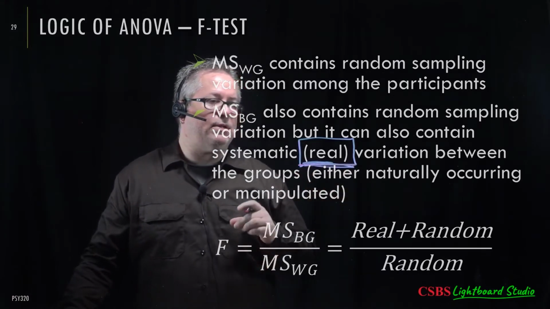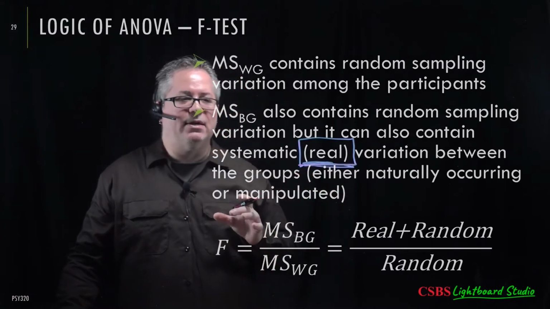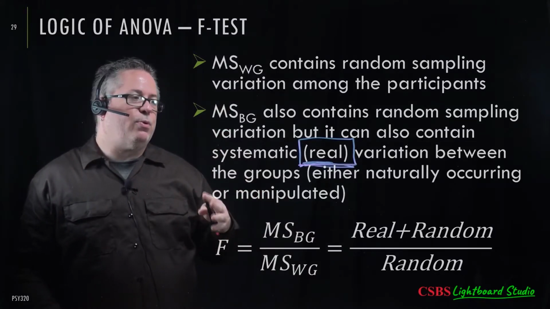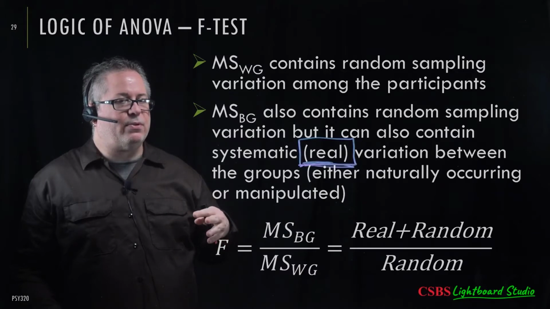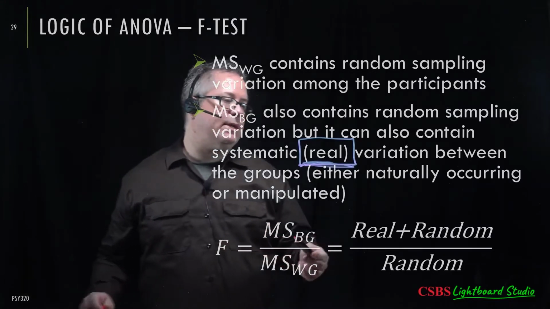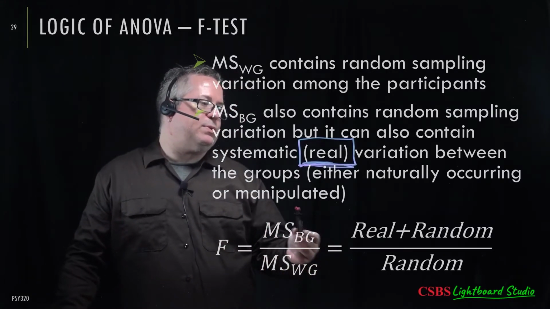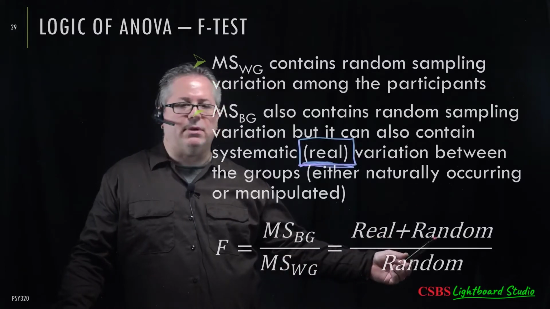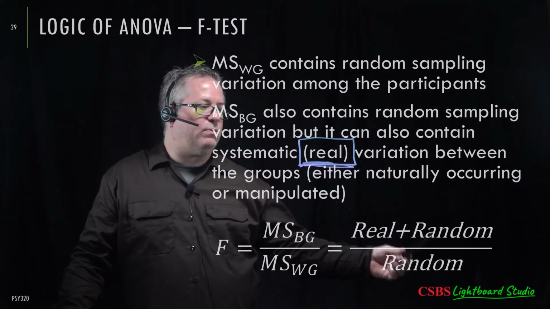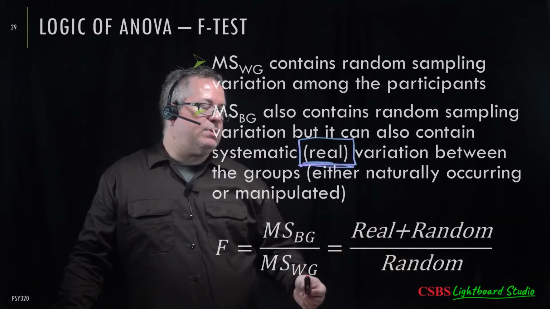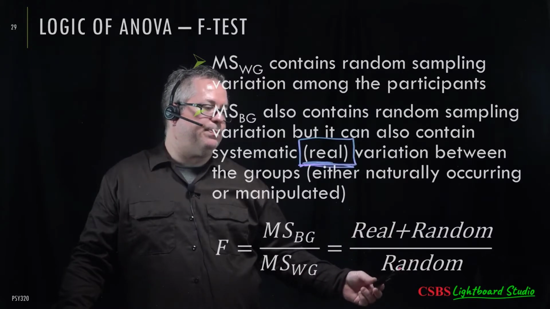I want to be able to isolate the amount of real variation between the groups. Because they're both variances, and they both, at least in part, contain a measure of random variation, I can divide them. The mean square between groups contains both real and random variation, and the mean square within groups is a measure of random variation.